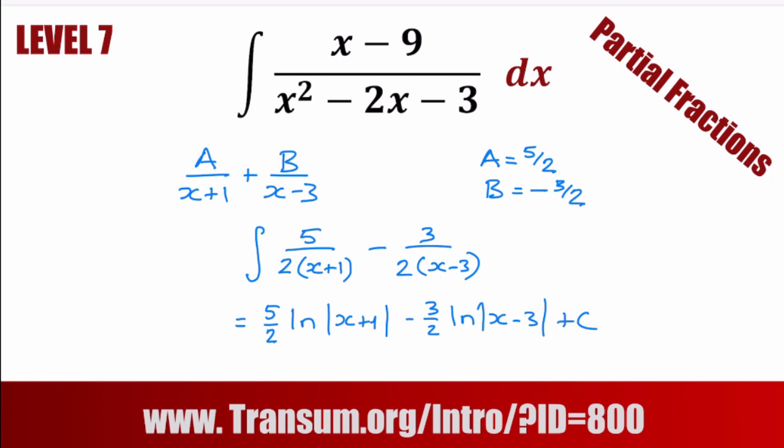Well, the key is that when you're subtracting two logs, and of course we are subtracting them here, that is the same as dividing the contents of the log function. So this could be written down as a single log function as the natural log of, and we put the modulus sign to make sure we get a positive value, x plus 1 to the power 5 over 2 over x minus 3 to the power 3 over 2, plus c.